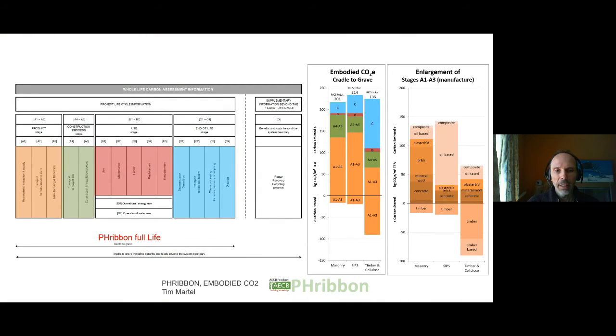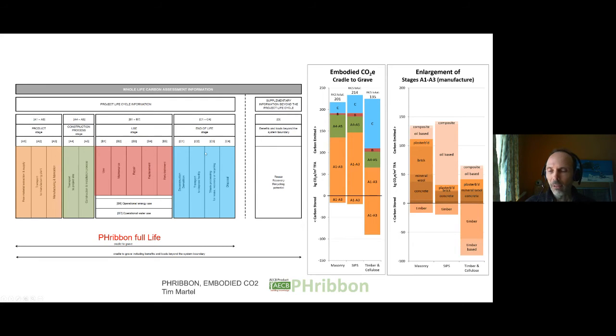The first thing to say is that the ACB tool does the whole life cycle. It goes from A to C, including the manufacturer, not only the A1 to A3 that's covered in the ICE database, but also A4, A5, the construction process, the in-use phases, including all of the additional emissions, the replacements, and the end of life.